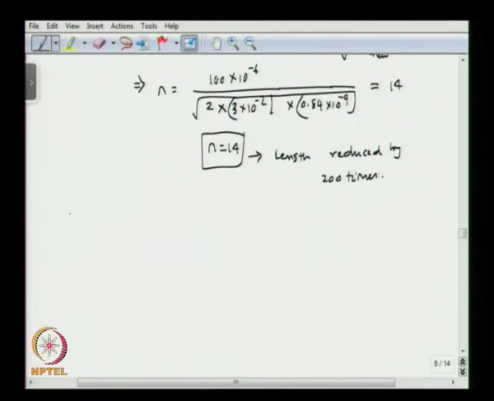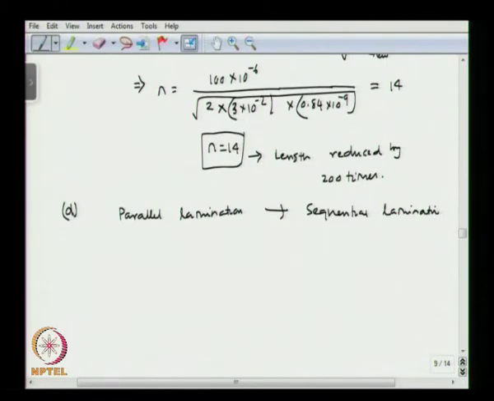Now let us look at, if instead of parallel mixing, if you go for sequential lamination. So let us say instead of parallel lamination, if you go for sequential lamination, then how many layers we would need. Okay.